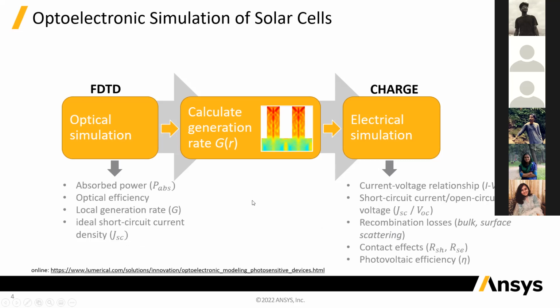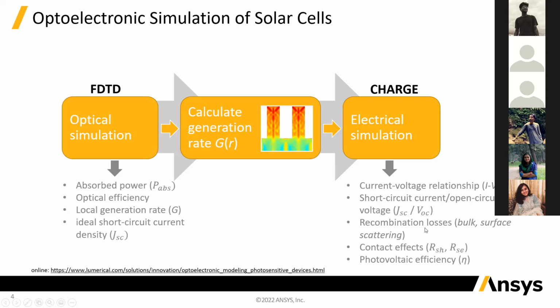Now, if you want to do the full flow, then you take this generation rate from your FDTD simulation, and then you put it inside charge, and then you do an electrical simulation. When you do charge simulation, you can get the IV, or current voltage, relationship for your solar cell. And then you get the actual short circuit current and the open circuit voltage for your solar cell.